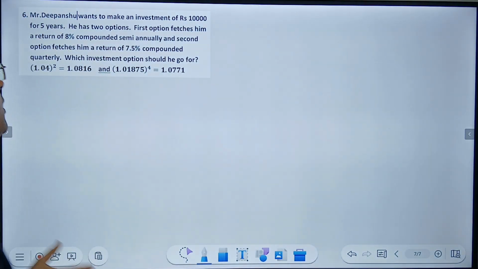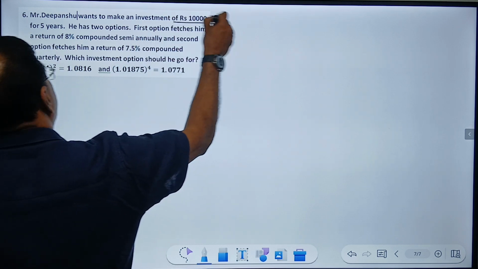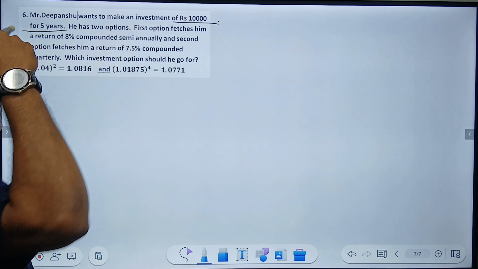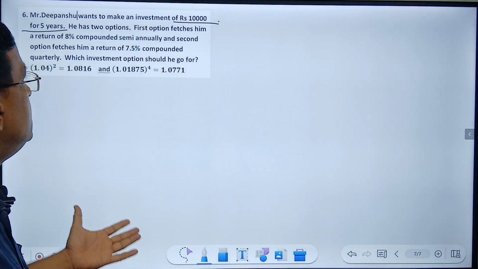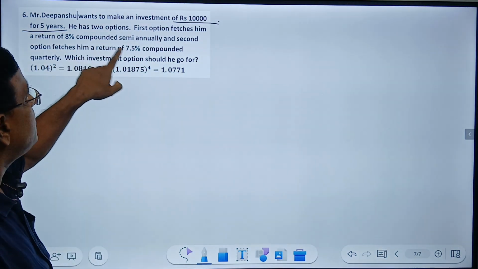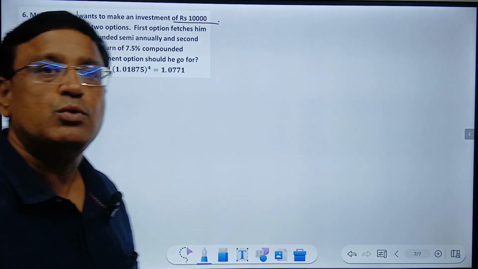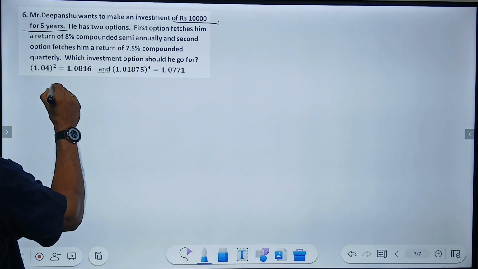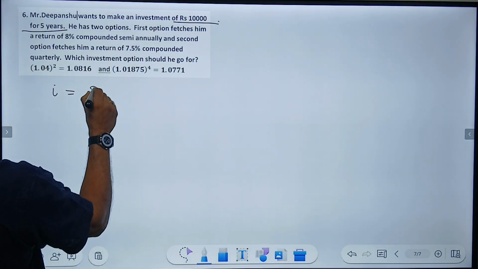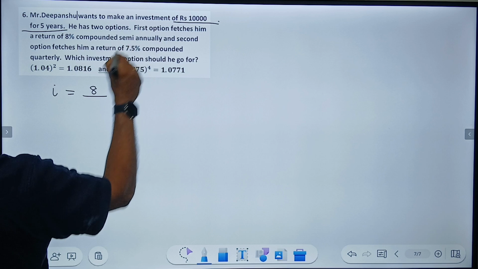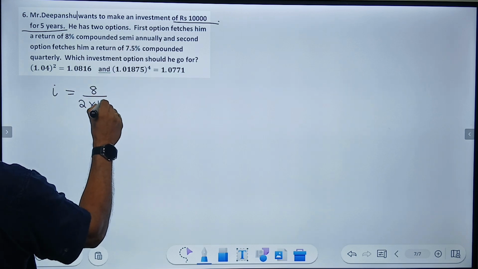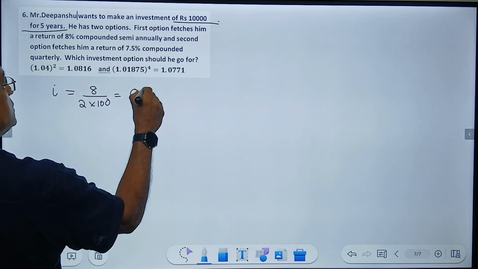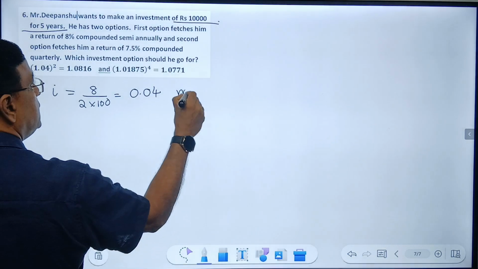So in this problem, these values I am not going to use. It will confuse you. All that I need to do is calculate my effective rate of interest, which depends only on the nominal rate of interest. So what is that? My I is 8 by 2 into 100, since it is semi-annually, which is nothing but 0.04, and M is 2.